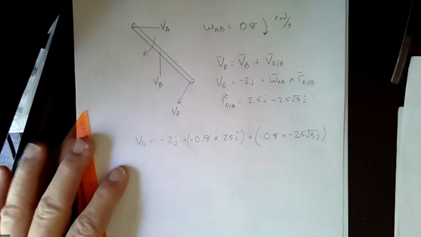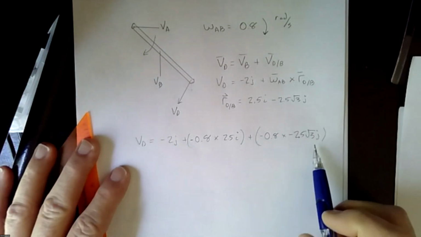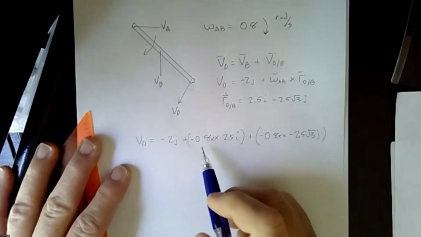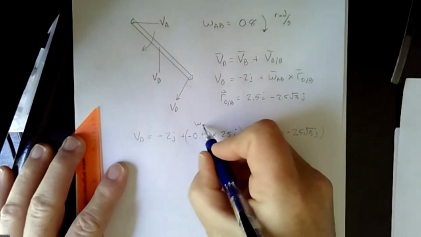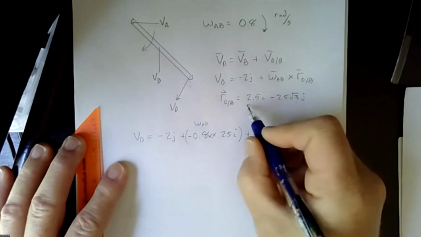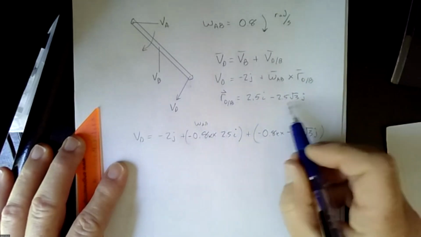So if we go ahead and do our cross products, this is again K, and this is K, sorry about that. So we know that that's our omega AB, and that's our I component, and then we have our J component.